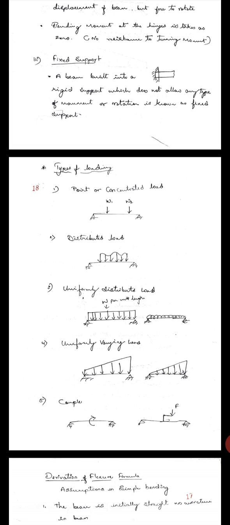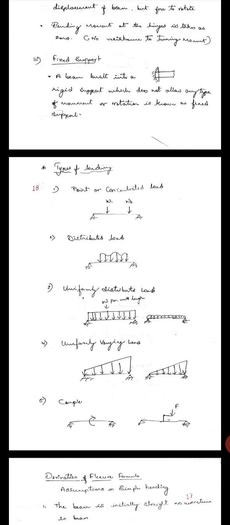A beam carrying an overall distributed load, multiple loads, is called a distributed load. Third, uniformly distributed load. A beam carrying an equal amount per unit length is called a uniformly distributed load.